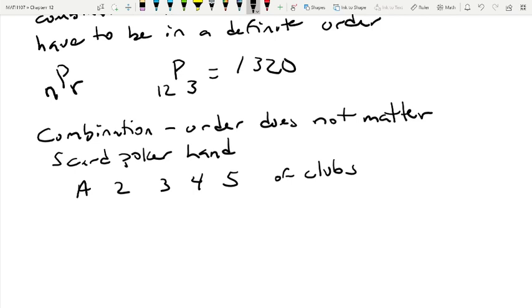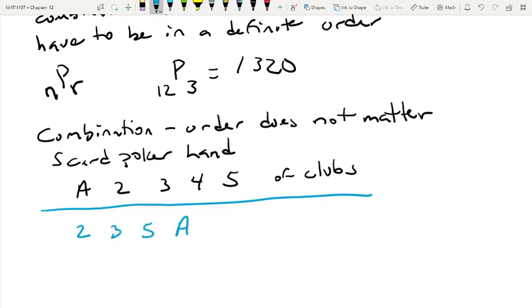So let's say now I shuffle the cards. We deal out another hand, and this time I deal out the 2, 3, 5, ace, 4 of clubs. Well, that is the same poker hand. They are the same. Right?